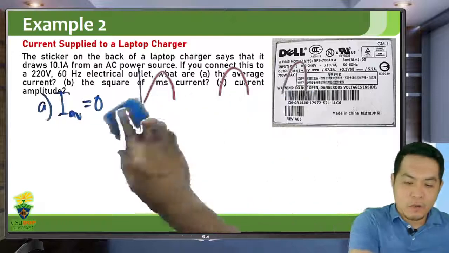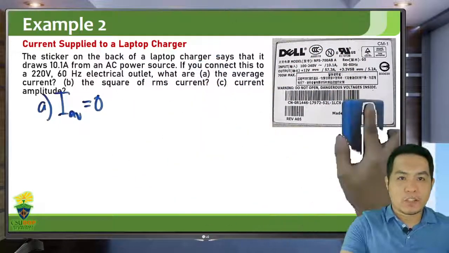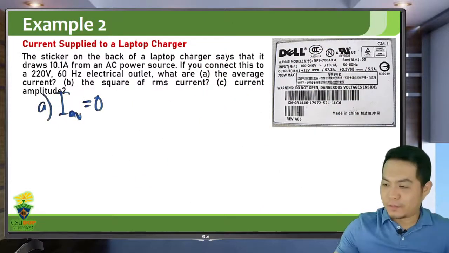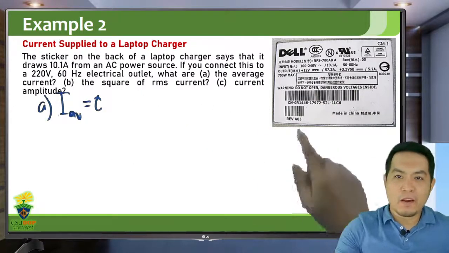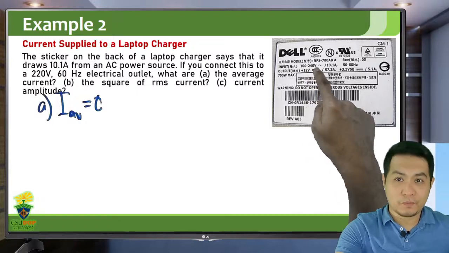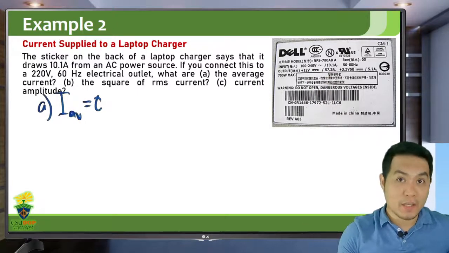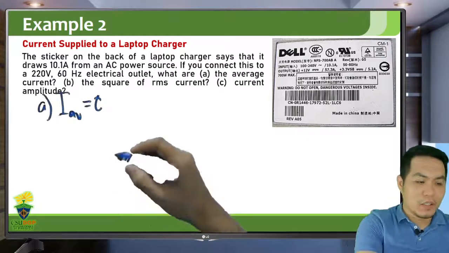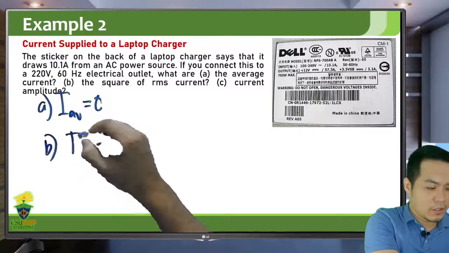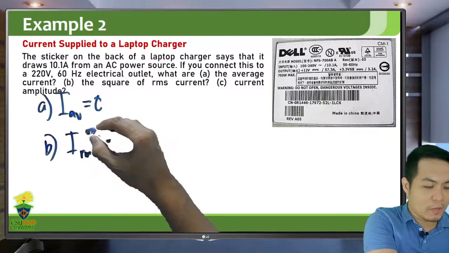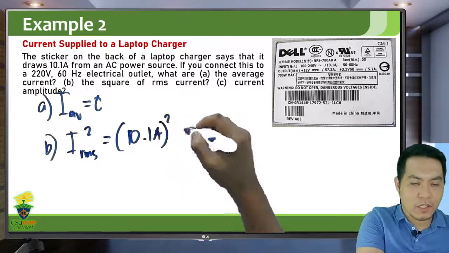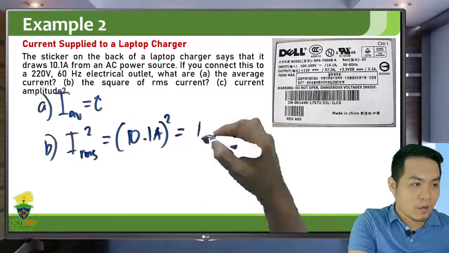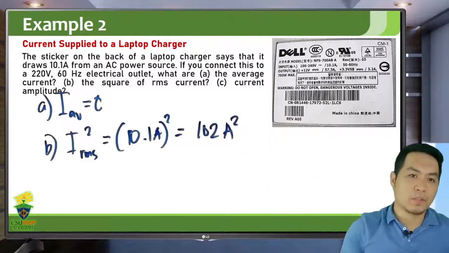For the second problem, what is the square of the RMS current? The given current here is 10.1 amperes. Any given values of voltage and current here are root mean squared values. So for letter B, we are asked to find IRMS squared. Since that is 10.1 already, square that and you will get 102 amperes squared.